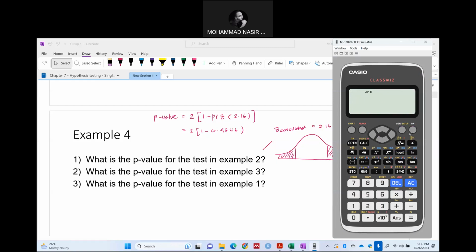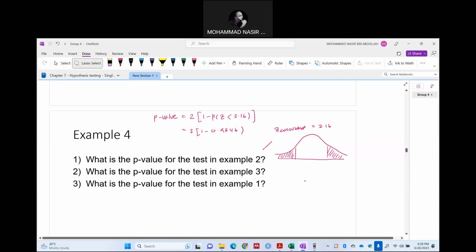So we click on the setup menu, choose statistic number 6 and click AC. Then you click on option and then click on the down arrow, find 4 normal distribution. So we have P, Q, R.